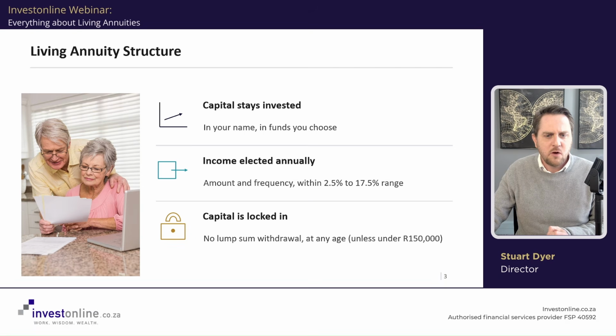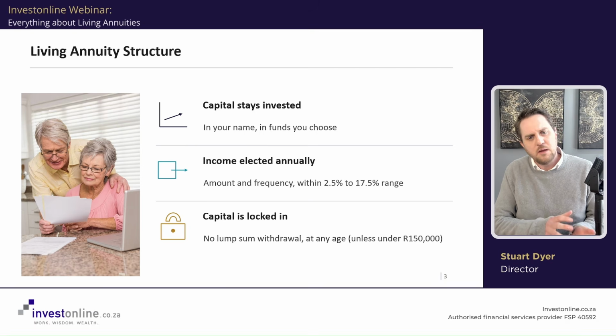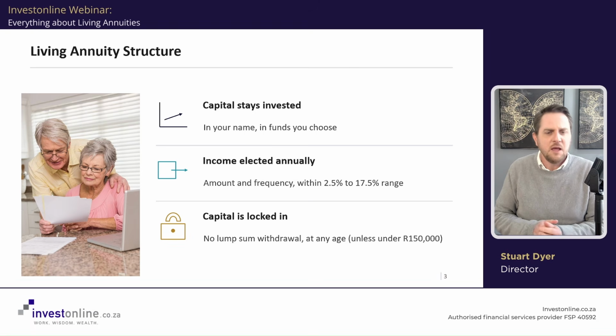And the capital is locked in. So once you've now retired from your fund, whether that's an employer fund, a retirement annuity, or a combination of several funds, and you've moved that into a living annuity, you can't then go and take a lump sum withdrawal or undo that at a later stage.